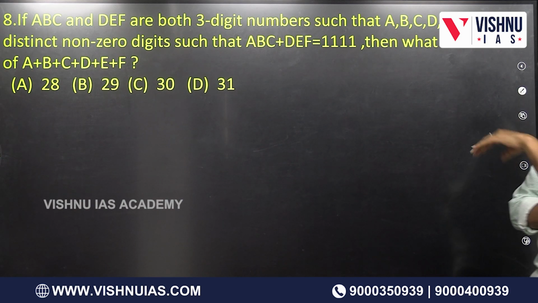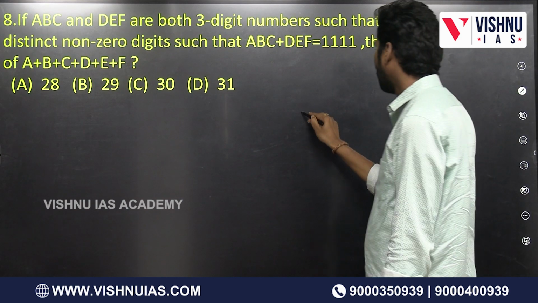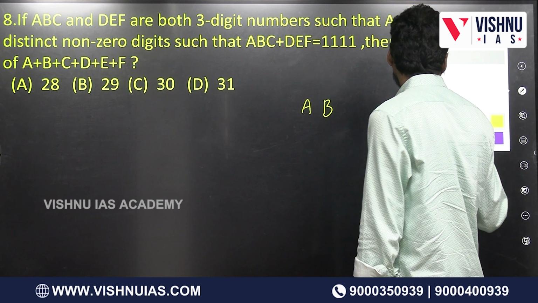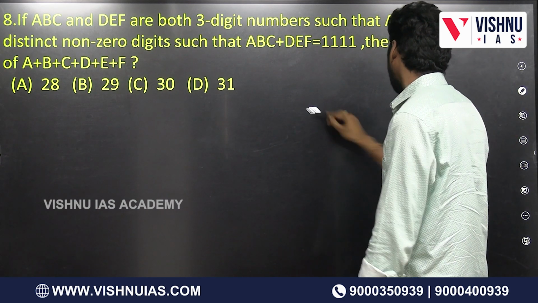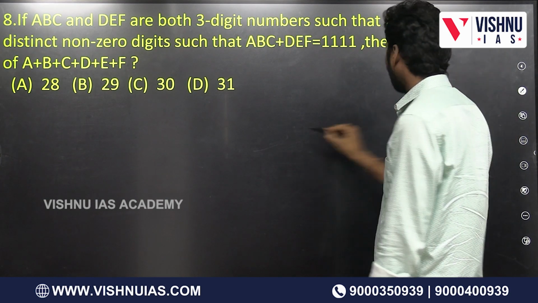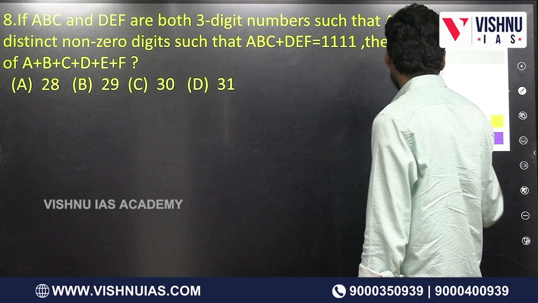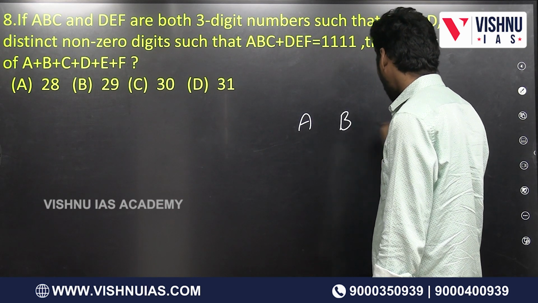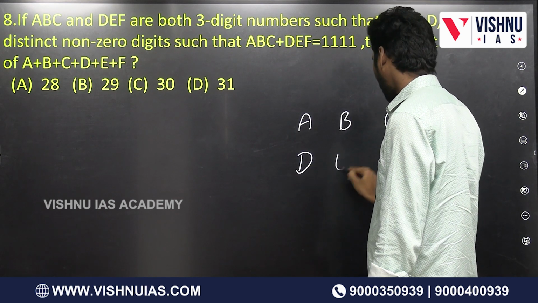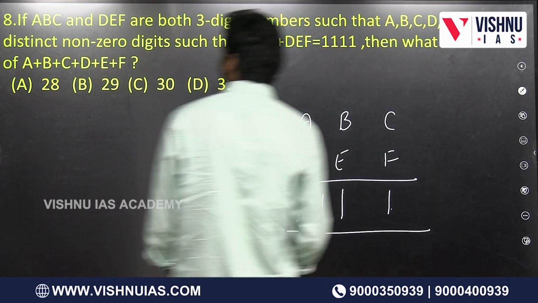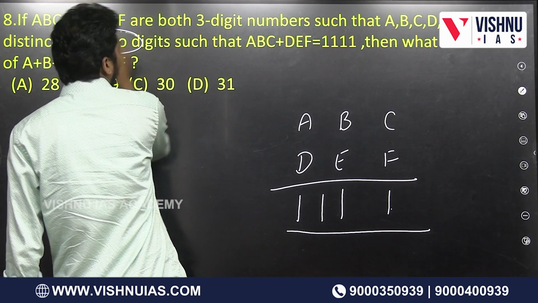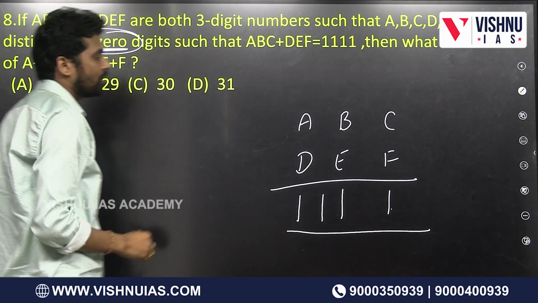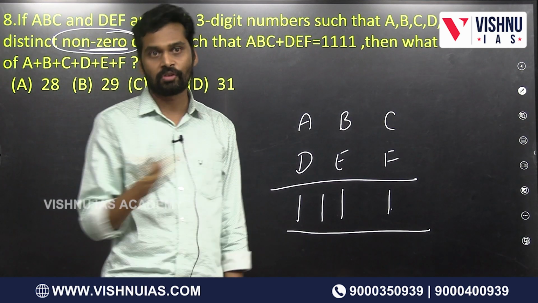We are adding the two numbers ABC and DEF. The logic we are applying for this problem is related to addition. If you know the complete concept of addition, then we can do this problem. Here he is saying that A, B, C, D, E and F are non-zero digits, which means the digit must not be 0.